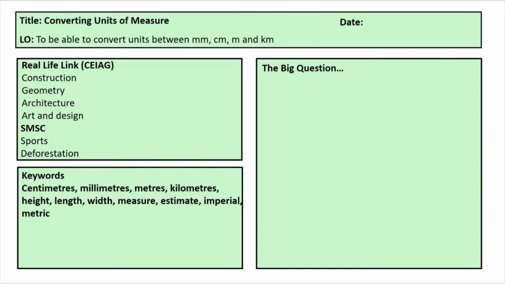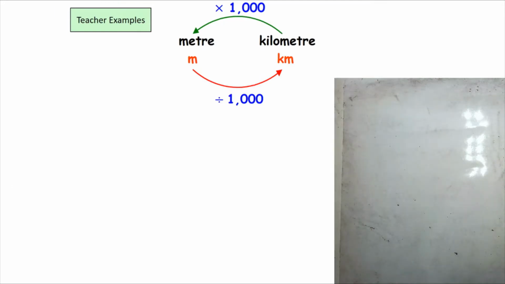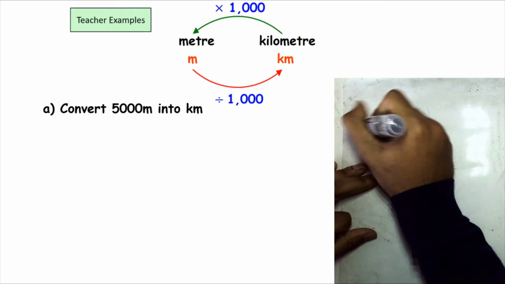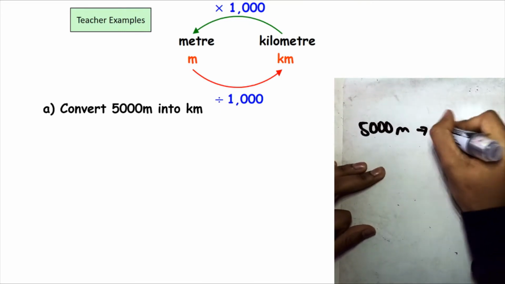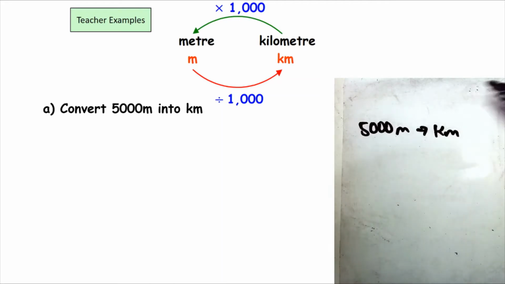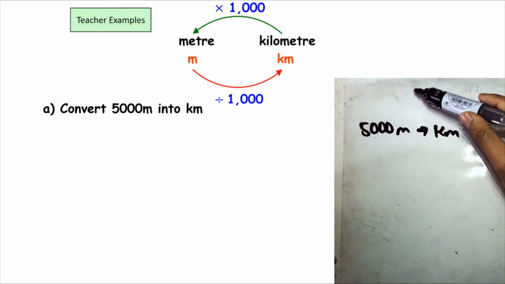In this lesson we will continue on from what we were doing before, but we will be looking more so at meters and kilometers. Right, so let's look at an example. Let's say that we were told to convert 5,000 meters into kilometers. Well, looking at the above diagram, to convert from meters to kilometers, we're going that way, aren't we?